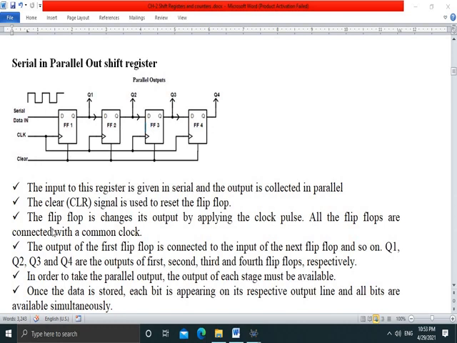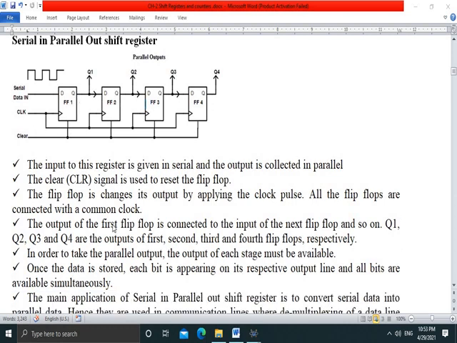All the flip-flops are connected with the common clock. As we know, whatever input is applied at the input, the same data is received at the output when the clock is applied. The output of the flip-flop is connected to the input of the next flip-flop and so on. Q1, Q2, Q3 and Q4 are the outputs of the first, second, third and fourth flip-flop respectively.